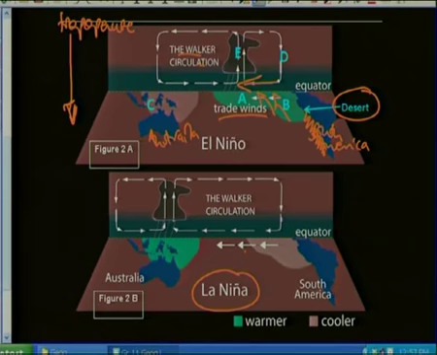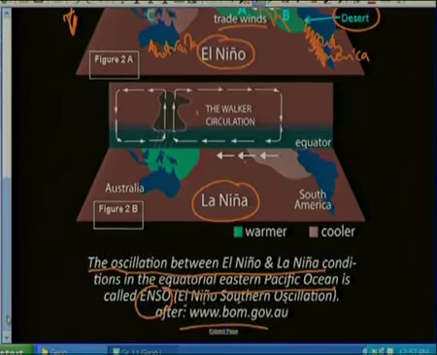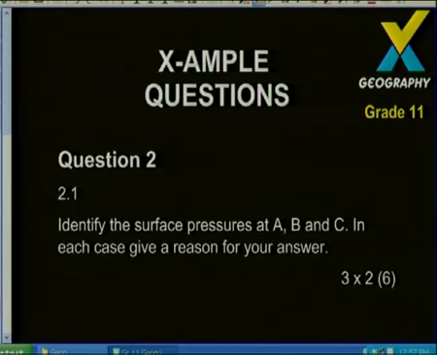And now let's have a look at some of the questions they're asking us in relation to how this is different to that from one scenario to another. Remember, El Nino is when the weather conditions are abnormal, and La Nina is when they're considered normal or as should be.